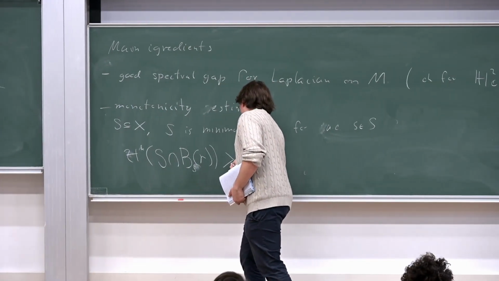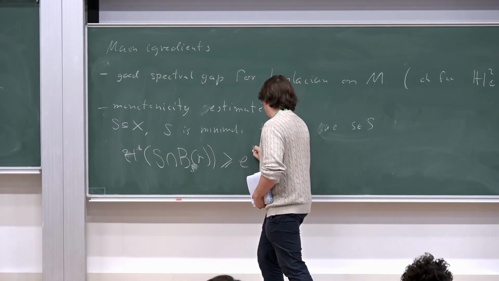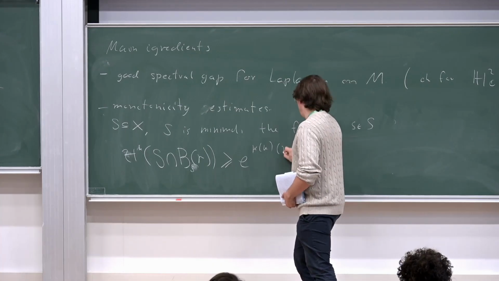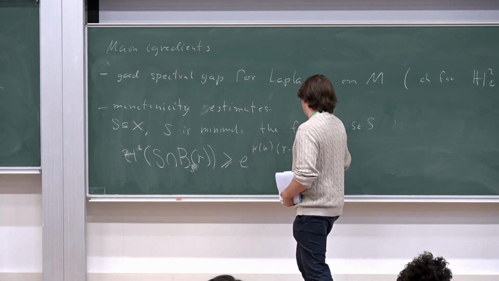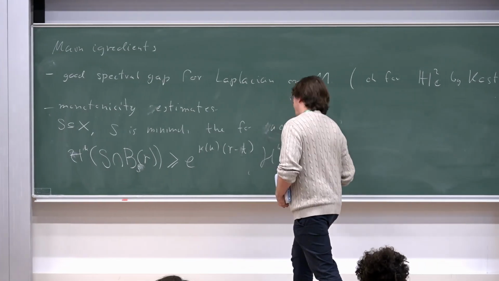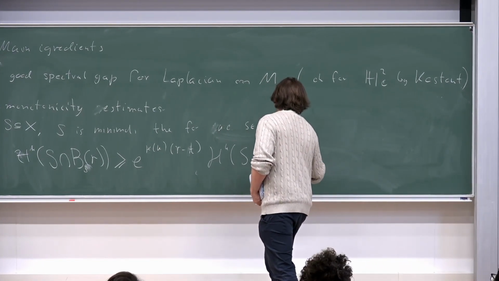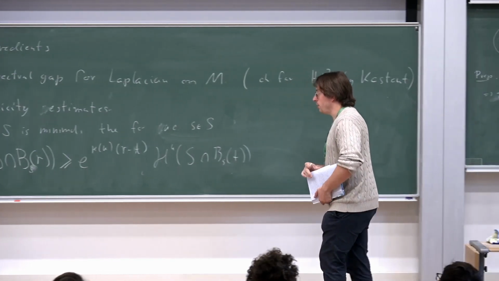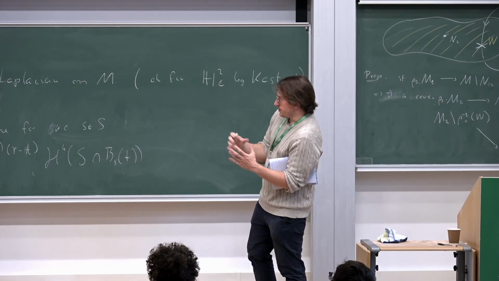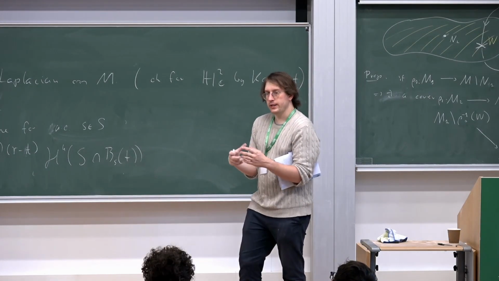This is bigger than exponent of some kappa k times (R minus t), times the volume of S intersected with a t-ball around the same point. So you kind of know that when you look at volumes of balls around points of S intersected with S, they grow exponentially fast with some specific rate.